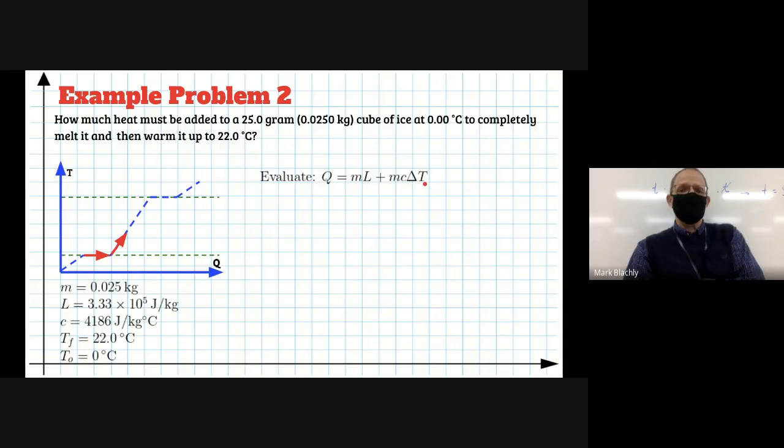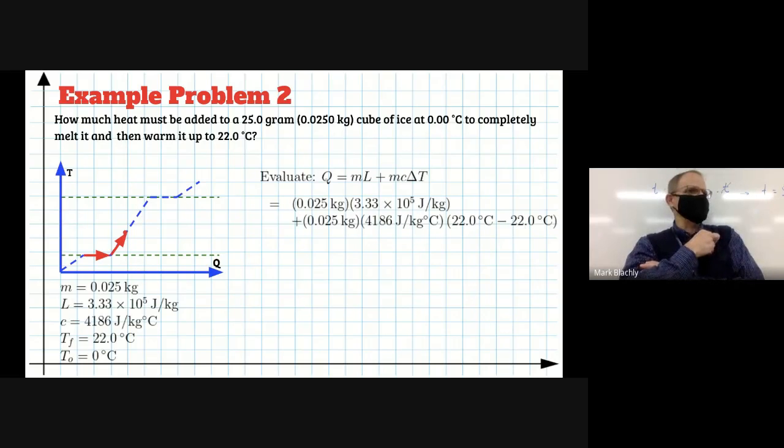And delta T is how much the temperature changes on this second segment. It goes from 0 to 22. You can find the temperature change. So you plug in all your numbers, and it turns out to be about 10,600 joules. Now, this is a pretty small ice cube, so that's not a terrible amount of energy. Okay? You see how to do that?